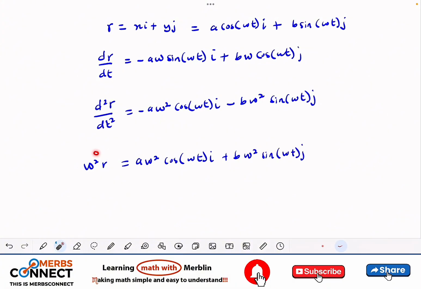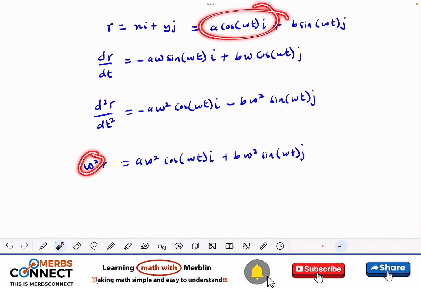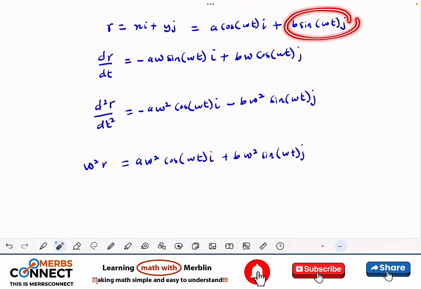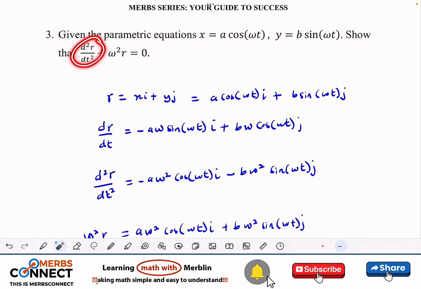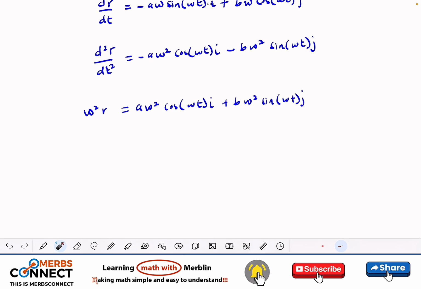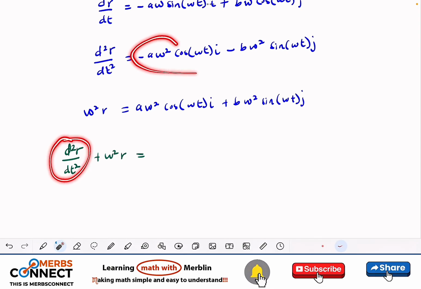Is that true? So I'm just multiplying omega squared through by this. Now what we need to do is when I add this to this, I should be getting 0. So let's see if it's true. So d squared r over dt squared plus omega squared r should be giving us 0. So let's see. This is equal to this.